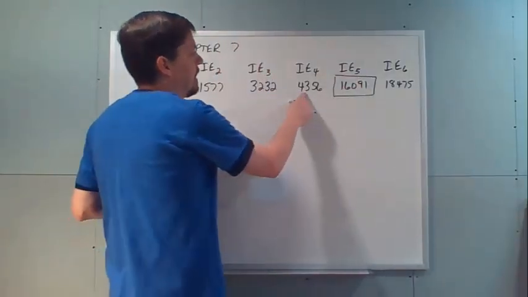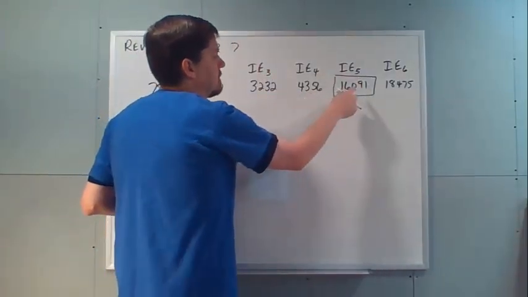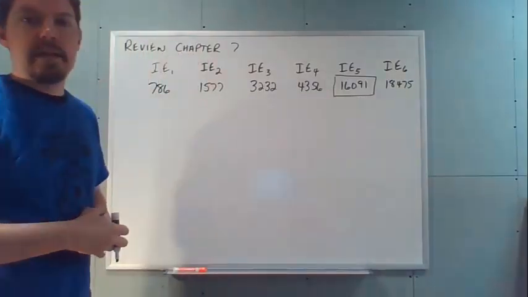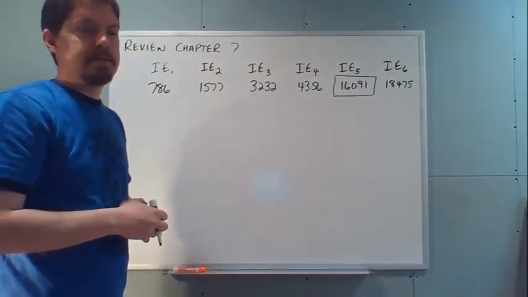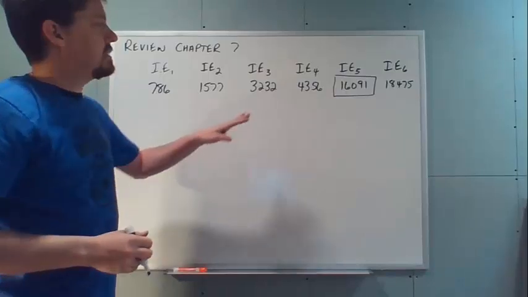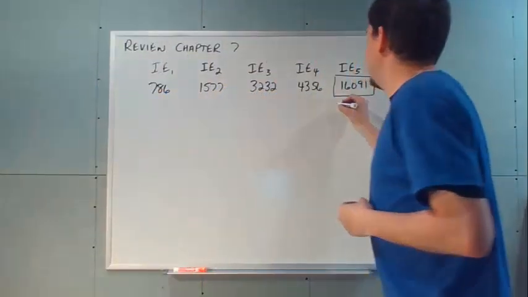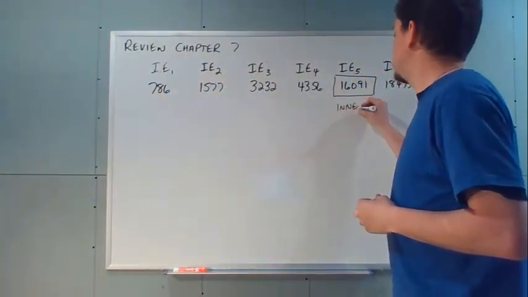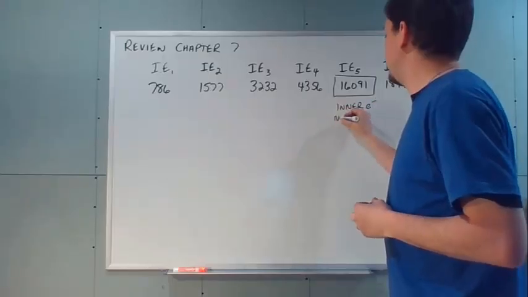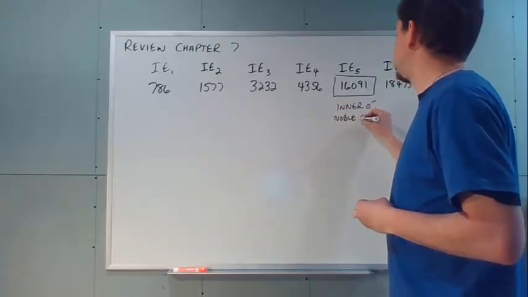We went from 4,356 to 16,000. That is a pretty huge increase. All right, so this is going to be where we reached our inner electrons, or our noble gas configuration.